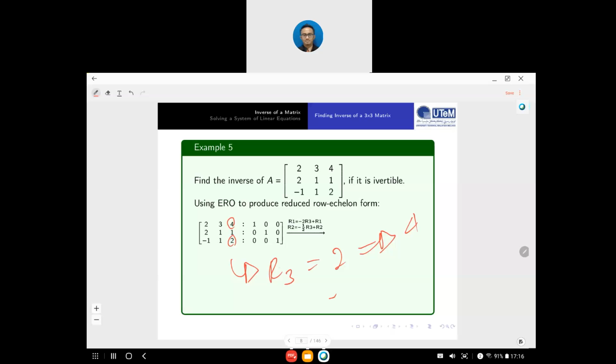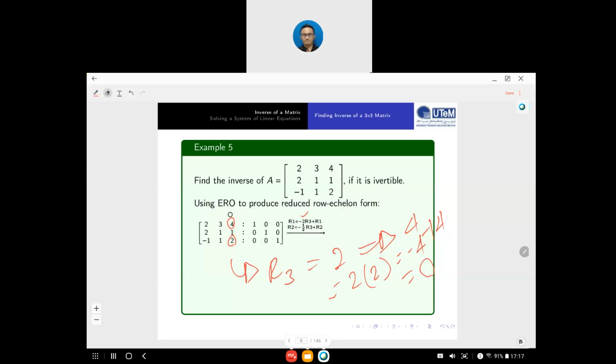So this R3, you must times by -2, because -2 times 2 gives -4, and -4 plus 4 gives 0. Our aim is 0. That's why our formulation here is R1 = negative 2R3 plus R1. Negative 2R3, which is negative 2 times 2 is negative 4, plus 4 becomes 0. That one for row 1.